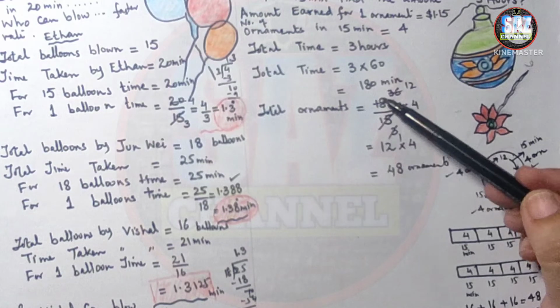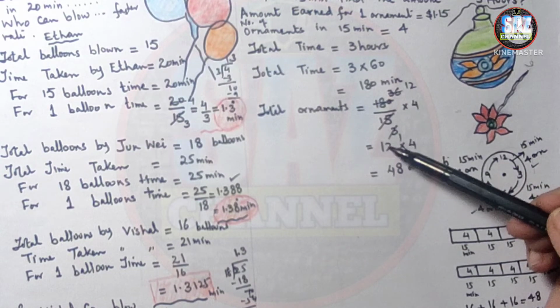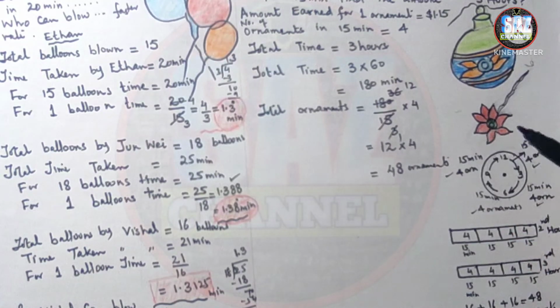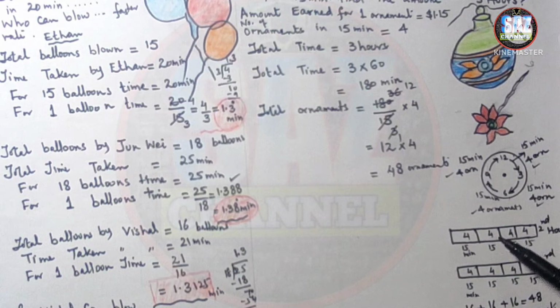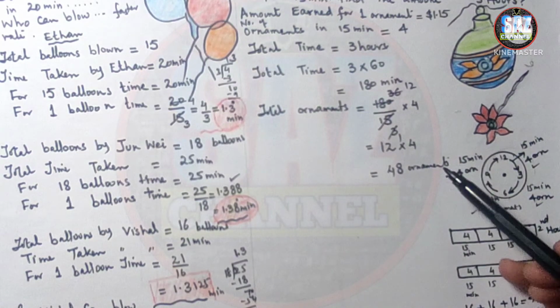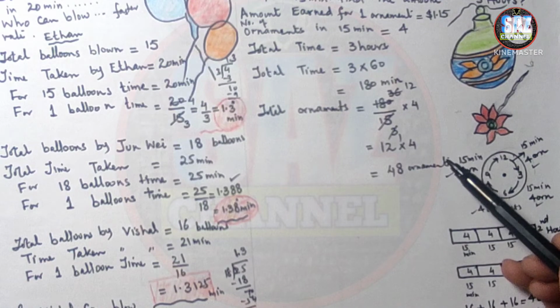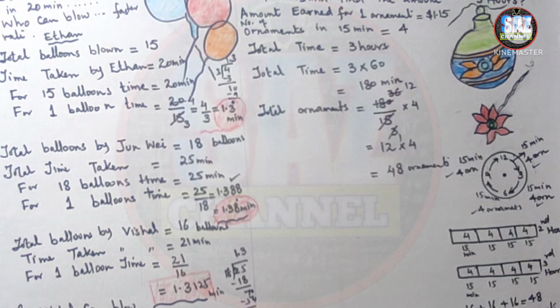There are 12 intervals, and you can observe from this diagram as well that in 3 hours there are 4 intervals of 15 minutes in the first hour, 4 in the second hour, and 4 in the third hour. So, in 3 hours he can make a total of 48 ornaments.